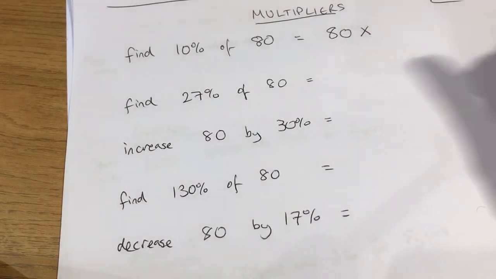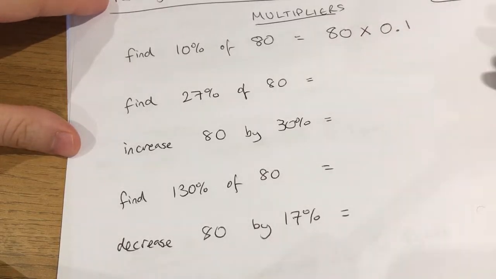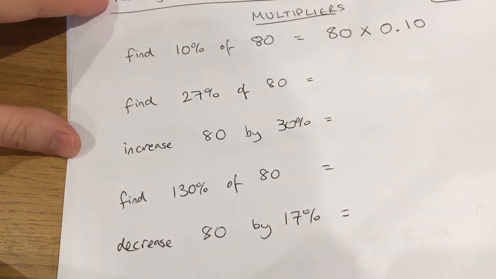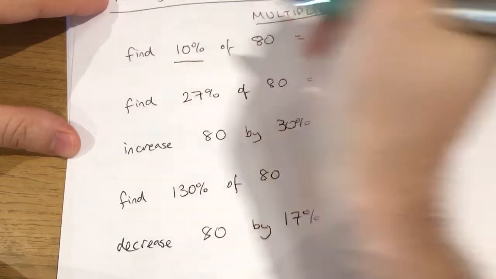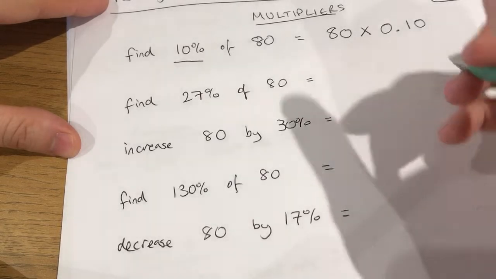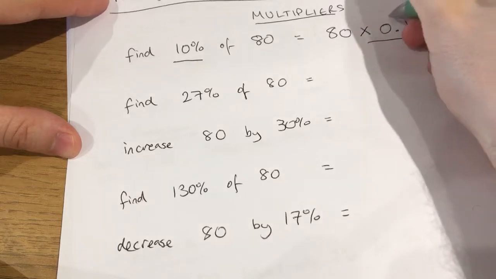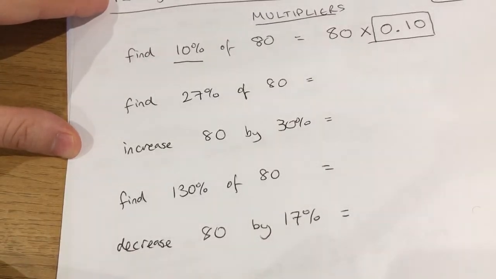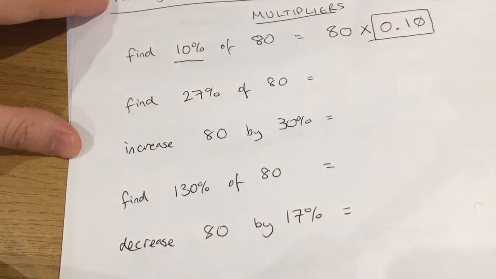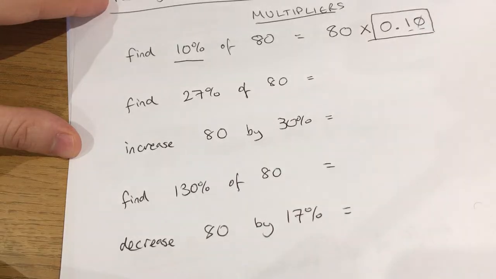It's actually the same as timesing by 0.1. I'm going to write that as 0.10 because a lot of people think of this as 10%. If you want to use a multiplier, we just multiply by the decimal equivalent of 10%, which is 0.1. You don't need that 0 in there, but a lot of people just see it like that.